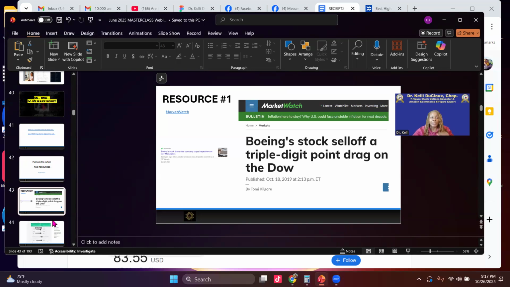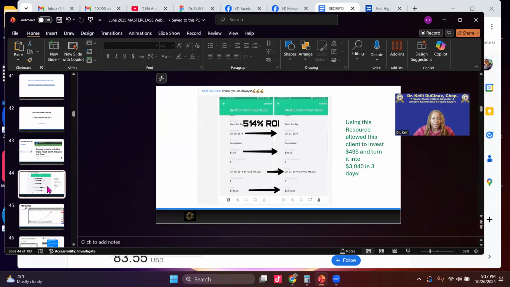Okay. Now, look at this. This is a client that did a put. Y'all see right there where it says put? And BA is the abbreviation for Boeing. So this client did a put on Boeing and turned $495 into $3,040. So awesome job. And that's without even reading the whole article.